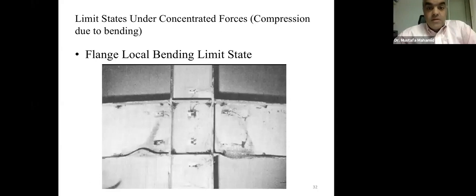And the flange local bending limit state, as you can see here, the flange bending. This will happen, for example, in moment connections or seismic connections. You will have a local bending in the flange that we have to check, if the part of the flange will bend due to a concentrated load, which is typically a simple check.